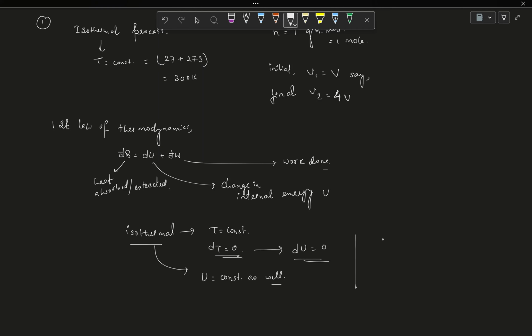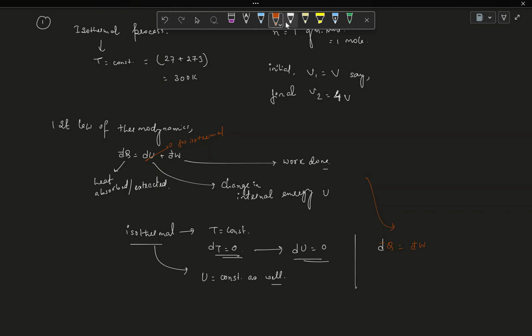What that gives you is that if your dU becomes 0 for an isothermal process, then the first law of thermodynamics is modified into dQ equal to dW simply.